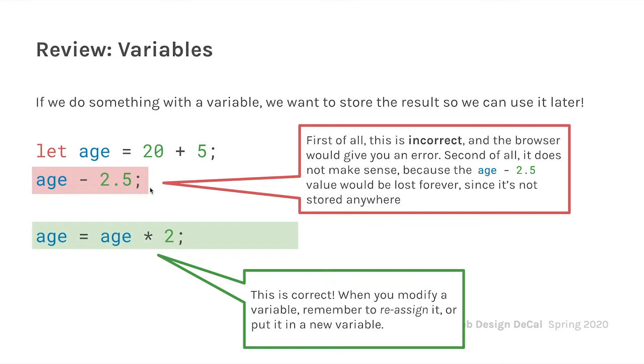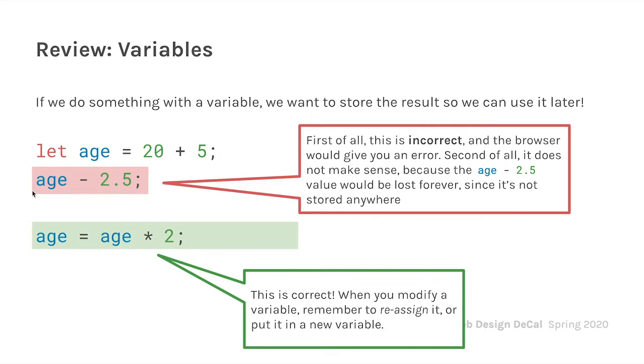The incorrect part about this is that it does not make sense to do some sort of operation without storing it in a variable again, because when we say age minus 2.5, then it's just lost forever.